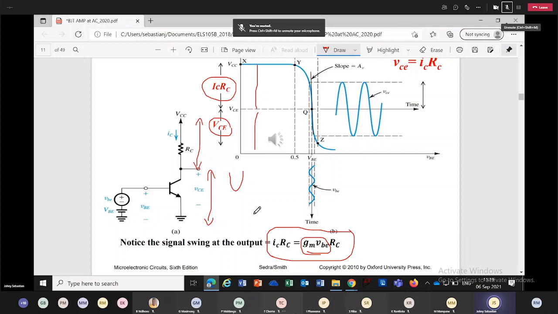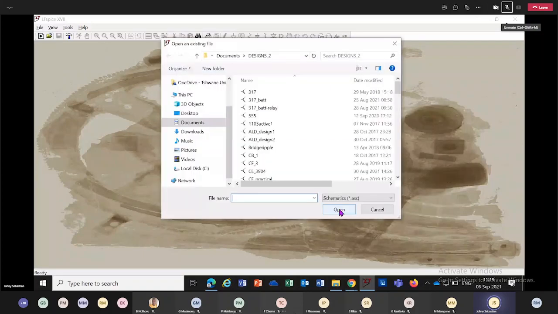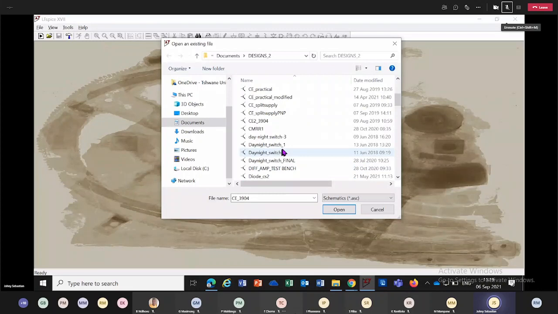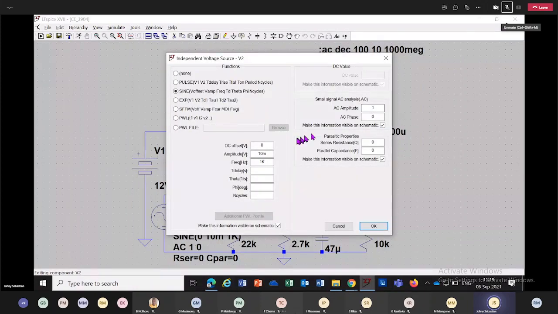In order to explain this, let me open LTspice. We have made use of, I think, this one. Yes. We have seen this before. Okay, I am going to put amplitude, say 100 millivolt.